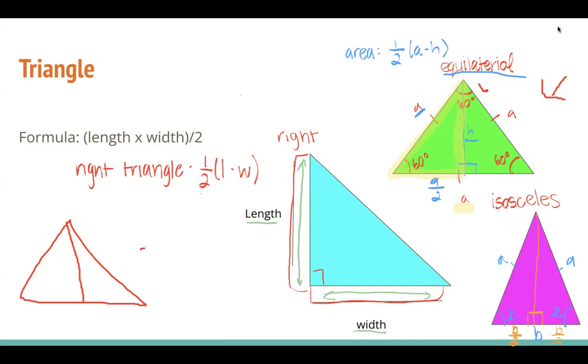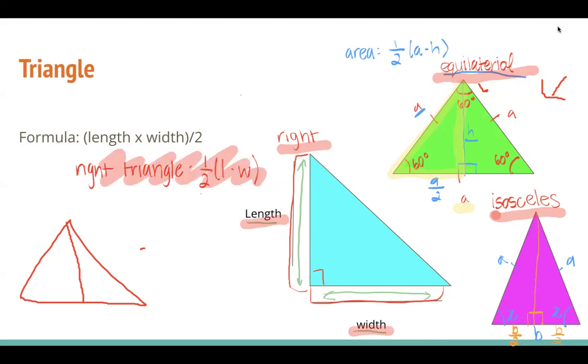Okay, there are three types of triangles. One is called a right triangle, which is like this one over here. Then one is called an equilateral triangle, which is this one over here. And then one is called isosceles. So in the right triangle, to find the area, you just do the length times the width divided by 2. So here's the formula for it.